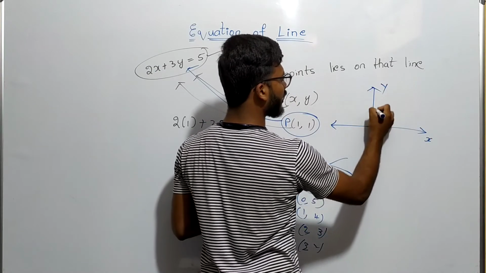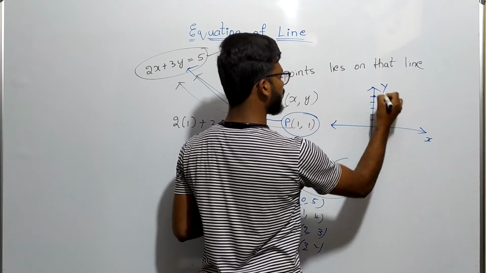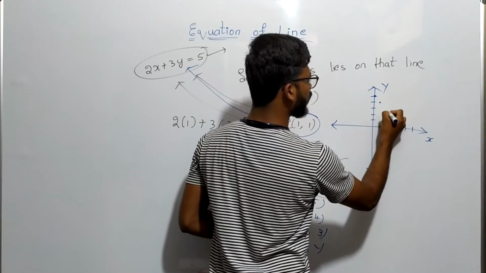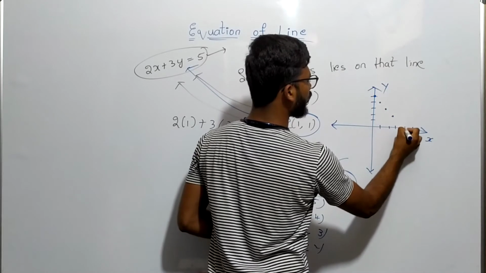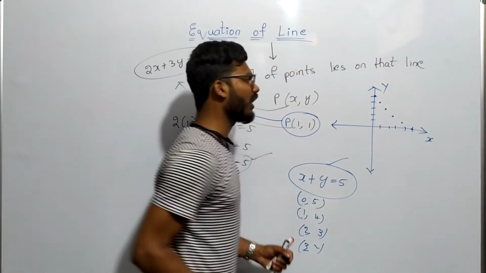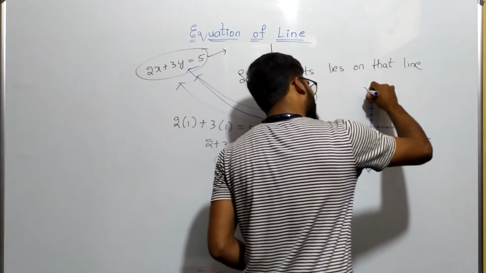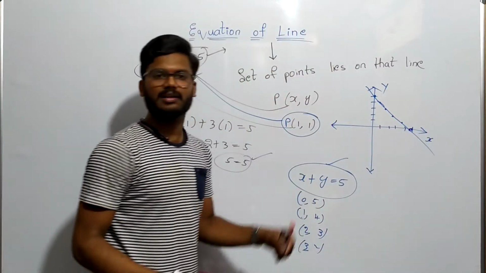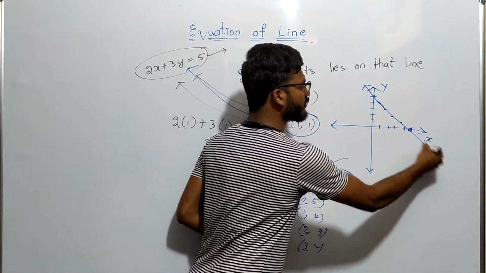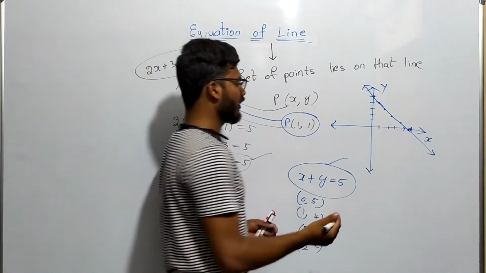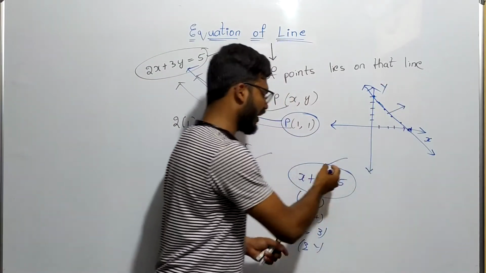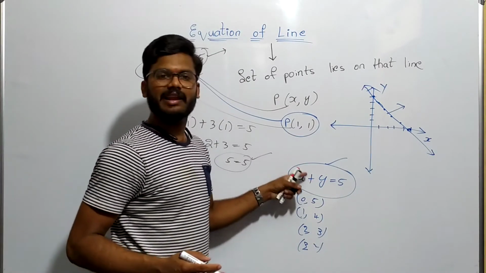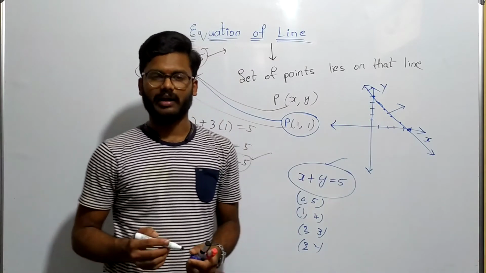First 0 comma 5, 1 2 3 4 5, you will get like this. Next 1 comma 4, 2 comma 3, 3 comma 2, 4 comma 1, 5 comma 0. Now if you join all the points which satisfy this condition, it forms a straight line, right? Each and every point on this line satisfies this condition, or else if you draw any linear equation on a graph, you will get a straight line.